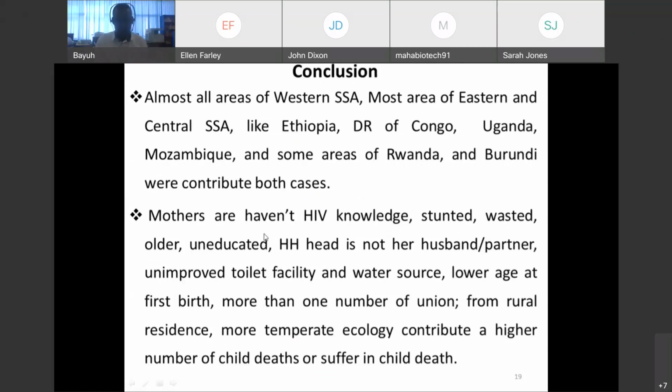Mothers who are HIV negative, stunted, wasted, older, uneducated, whose household head is not her husband or partner, with unimproved toilet facilities and water sources, low age at first birth, more than one union, from rural residences, and in more temperate ecology contribute a higher number of child deaths.